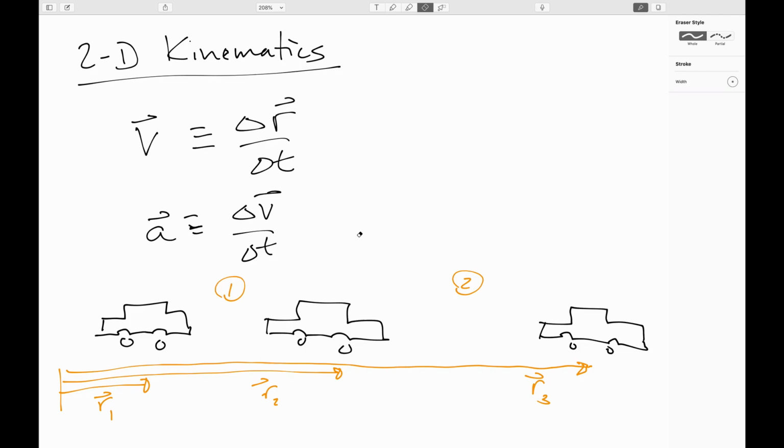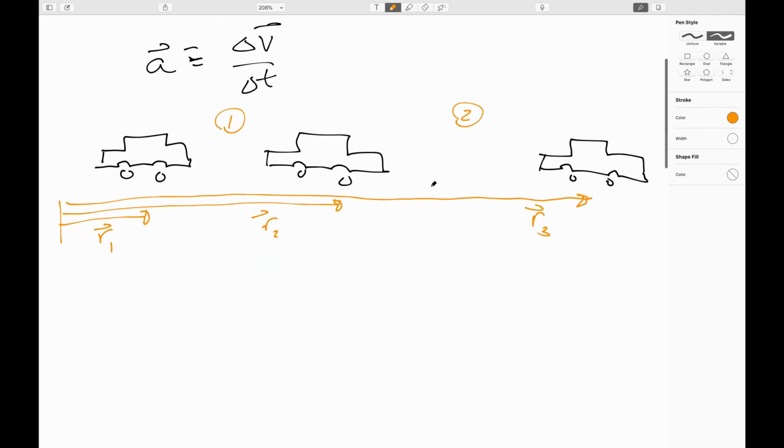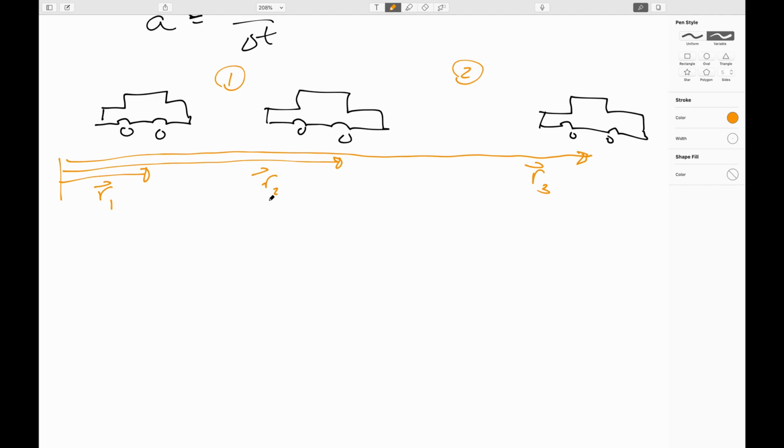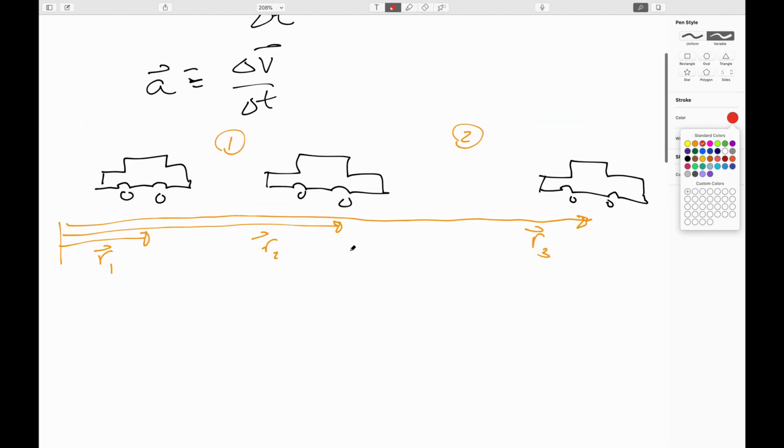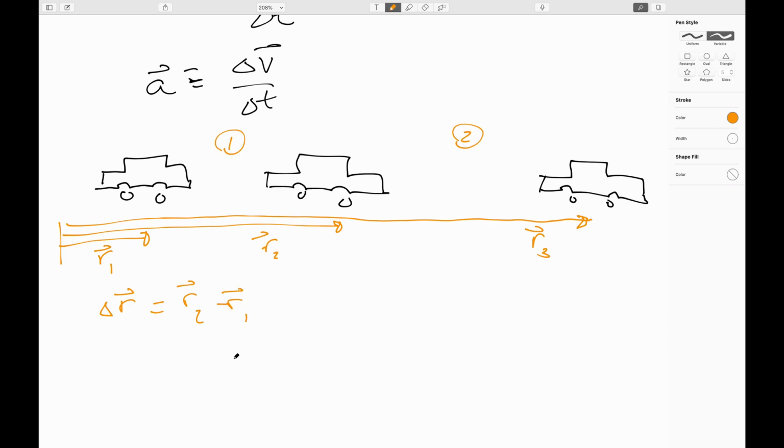So again, just a quick reminder here. We can measure position from any convenient origin. It doesn't matter which. So if I want to know the average velocity over interval 1, we can first calculate the change in position over interval 1. So delta R here would be R2 minus R1. We can do this graphically. There's my R2.